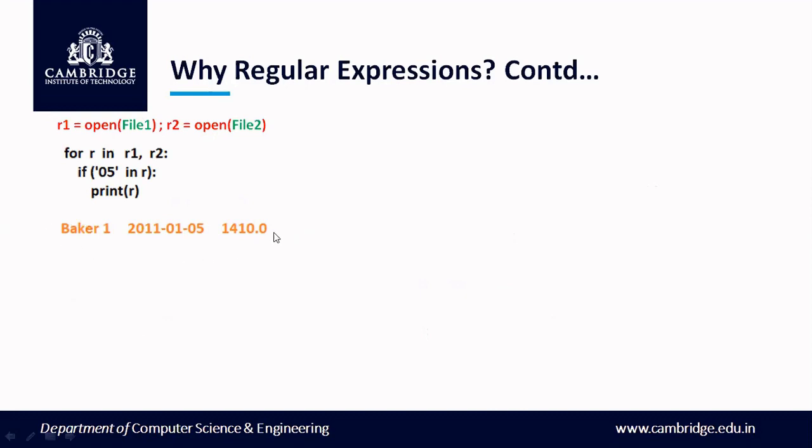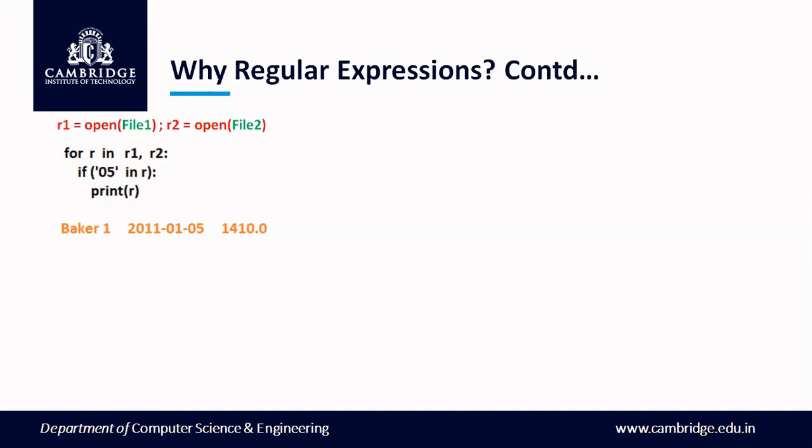So this is right or wrong? Now, if you see, my question was to get the details of the 5th month. Whereas here, I'm getting the day. 05 is a day, not a month. So it's not correct, right?